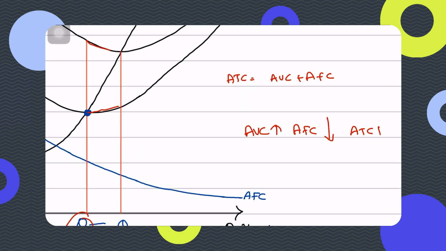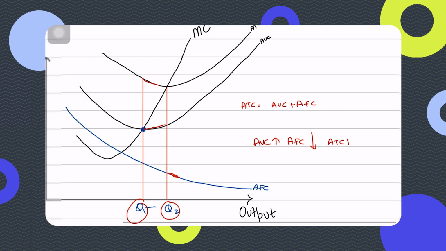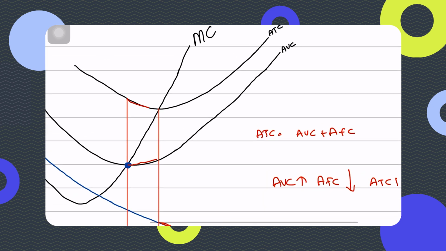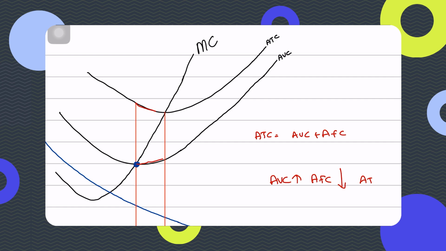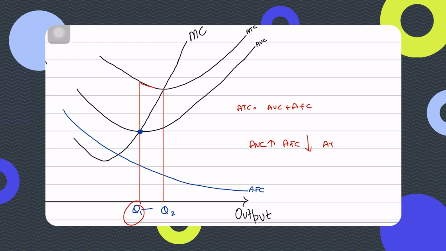AFC might still be declining after Q2, but at a slower rate. AVC was increasing before Q2 as well, but after Q2 we notice that ATC starts to go up because AFC is no more offsetting the rising AVC. So both AVC and ATC start going up.